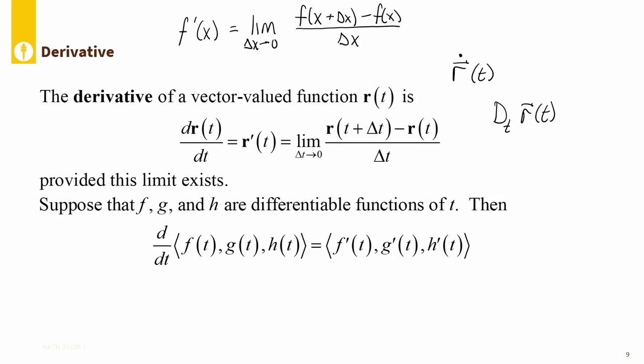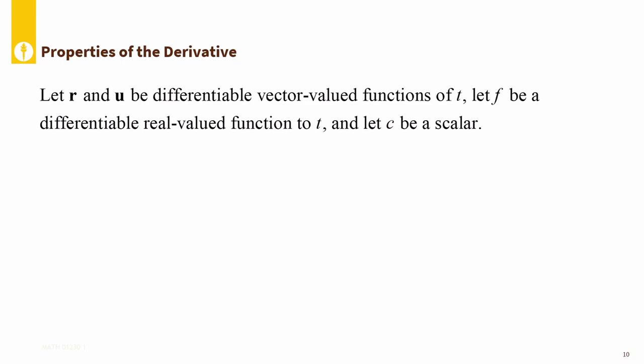Well, let's try and extend those rules, not to just the individual components, but to the entire vector overall. So r and u are differentiable functions, or differentiable vector functions. f is a differentiable real valued function, or I'll probably just refer to it as a scalar function.